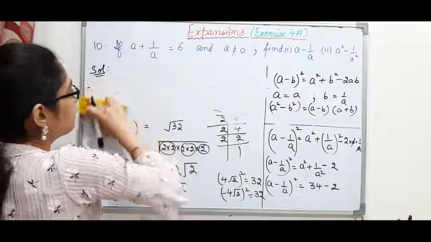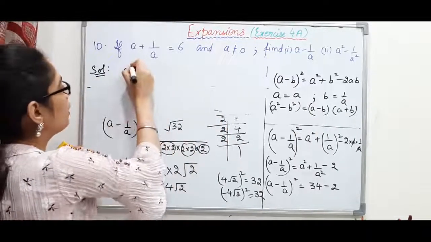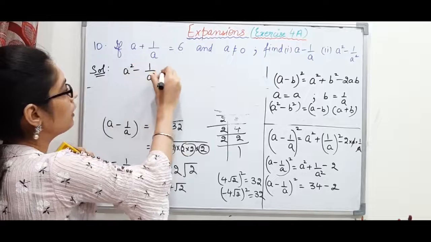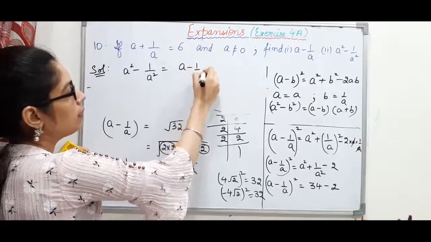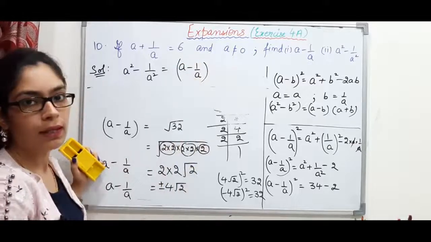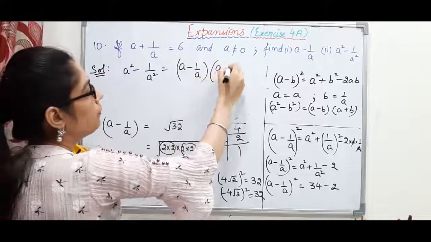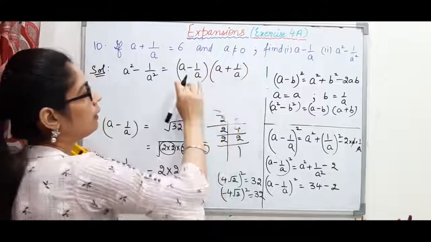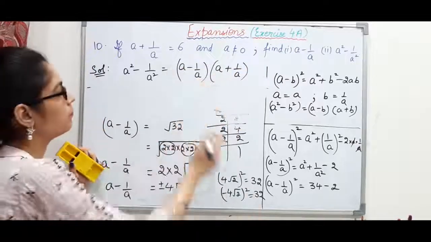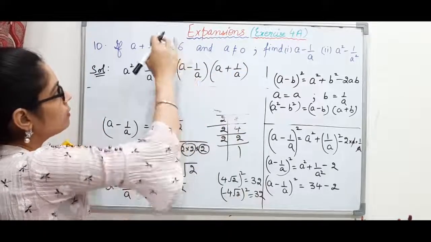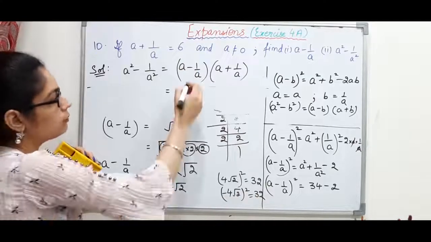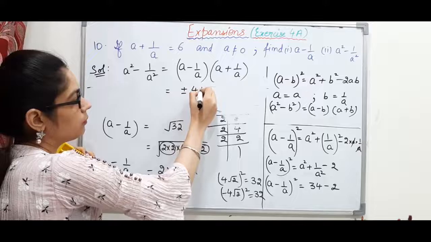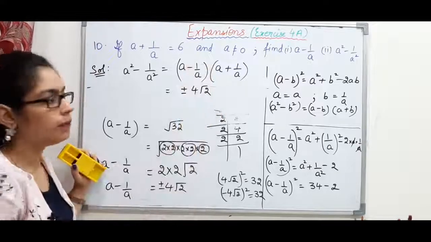So this I can write a square minus 1 by a square, a minus b, b is 1 by a. So a minus 1 by a into a plus 1 by a. A minus b into a plus b. A minus b, just now we have calculated a minus 1 by a, it is plus minus 4 root 2. So I will just substitute the value here.